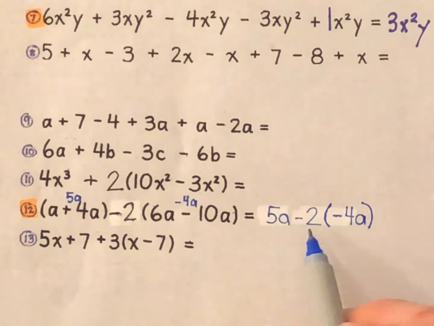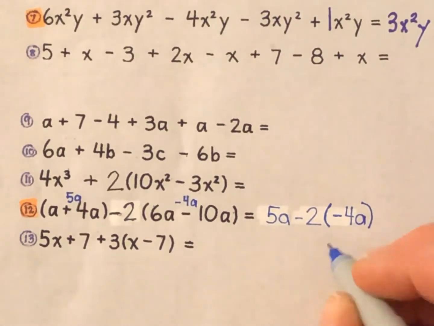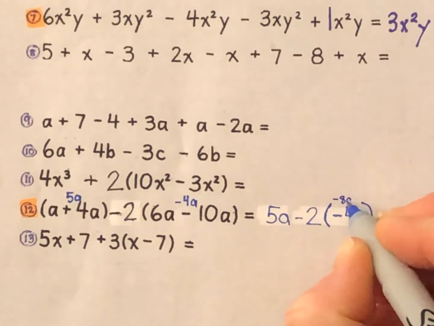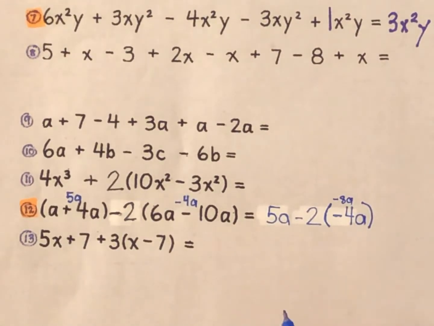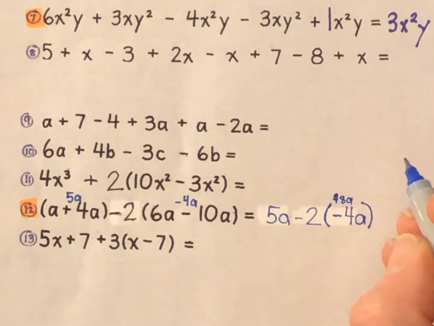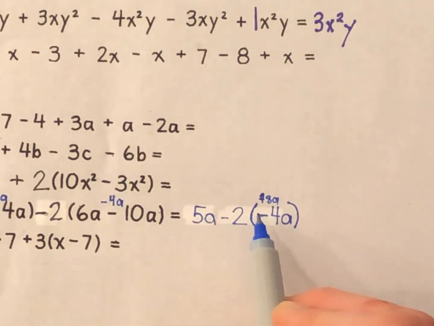So I'll do multiplication first. 2 times negative 4a is negative 8a.